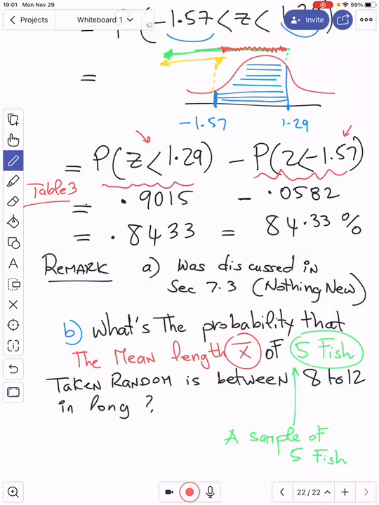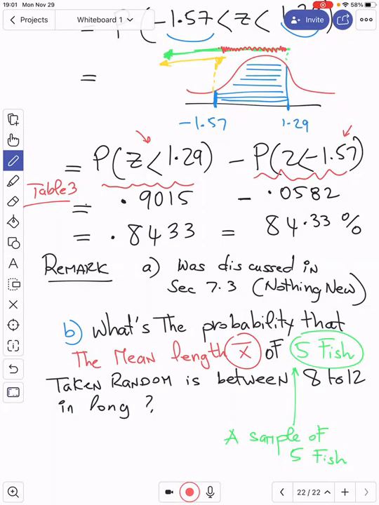So our theorem says that this X bar, the mean of the sample, actually follows a normal distribution too. Okay, so if you have a normal distribution, then the mean of a random sample also follows a normal distribution.